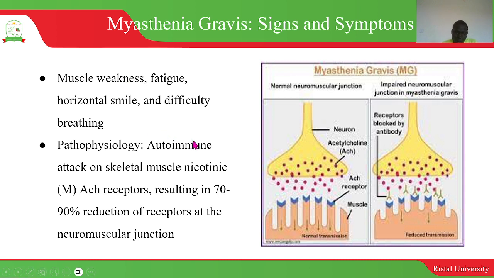The pathophysiology, of course, is an autoimmune attack on skeletal muscle nicotinic acetylcholine receptors, resulting in a 70 to 90% reduction of receptors at the neuromuscular junction. So when this percentage has been destroyed, the effects felt are greater.